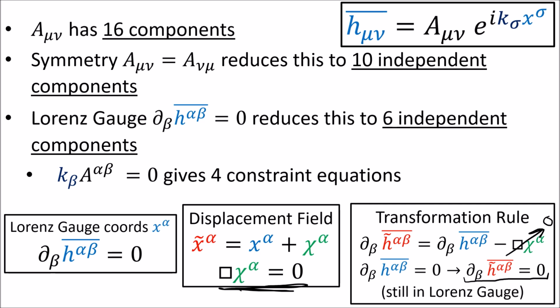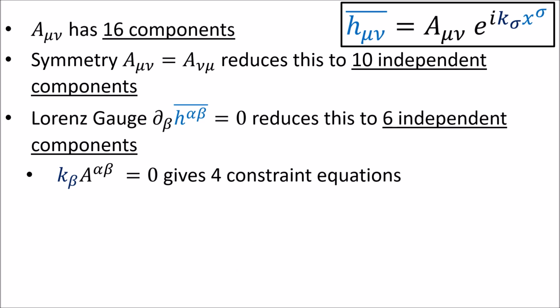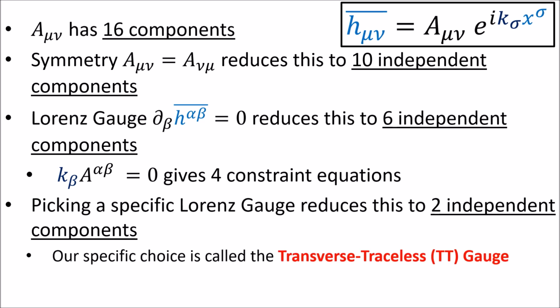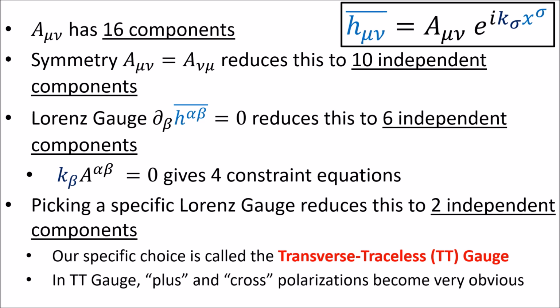So we have the freedom to pick one specific Lorenz gauge coordinate system from all of the Lorenz gauge coordinate systems. We can use this freedom to reduce the number of independent A components from 6 down to 2. In particular, we will use one particular Lorenz gauge coordinate system called the Transverse-Traceless Gauge, where the two polarizations of gravitational waves become very obvious.